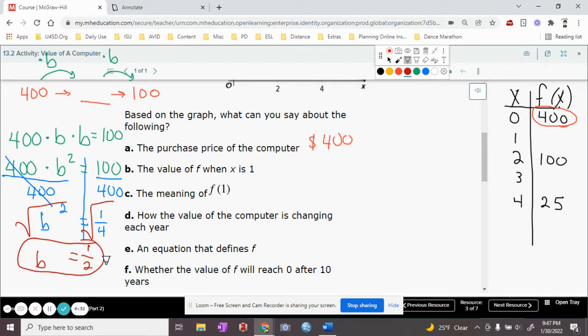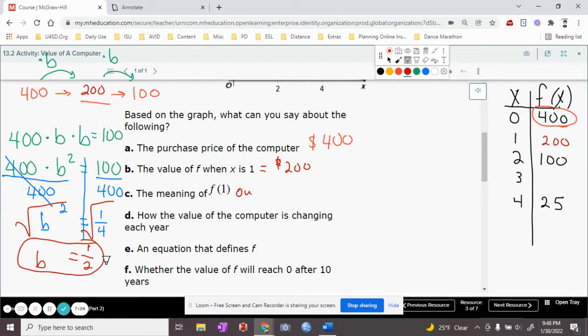So if I take that 400 times 1/2, that gives me 200. 400 times 0.5. So the value of f when x is 1 is 200. I'm going to put that in my table. The meaning of f of 1 is the output when x equals 1.